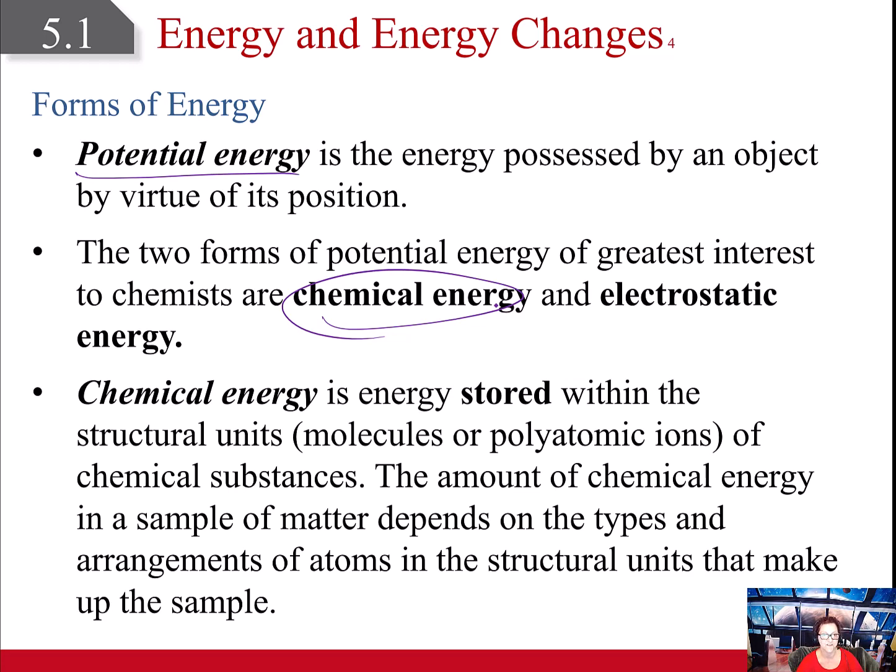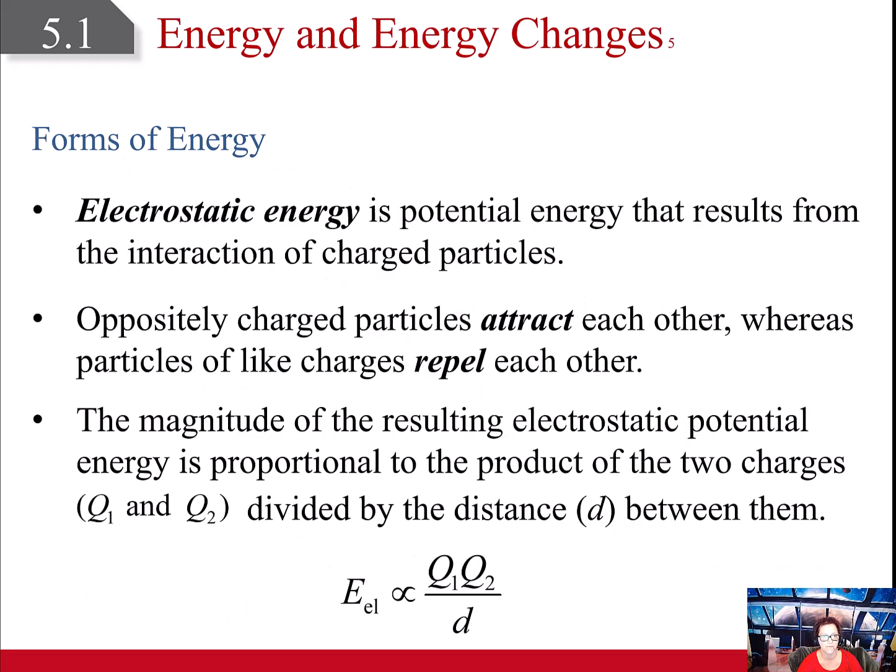Electrostatic is the other type of potential energy, and that's by position. Okay, so electrostatic energy is based on charges, and if you recall, opposites attract. Okay, and so if they're opposite in charge, they attract each other. If they're the same charge, they will repel each other, just like a magnet, if you've ever seen a magnet.